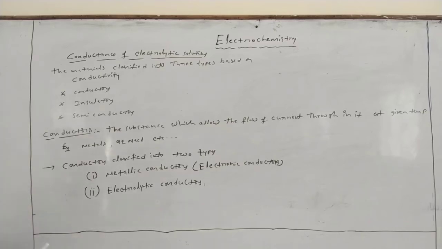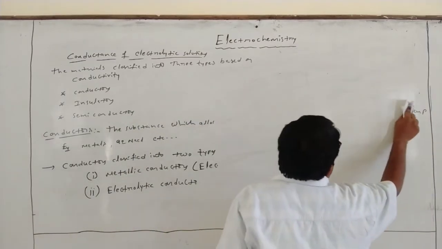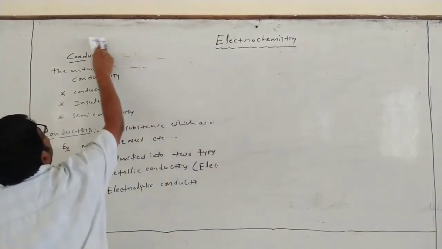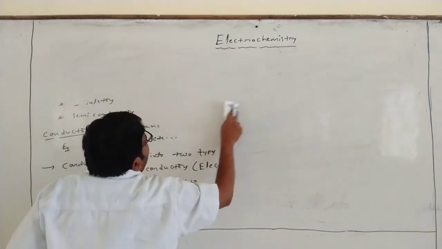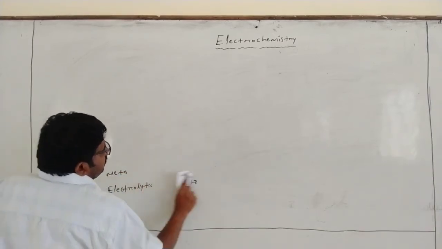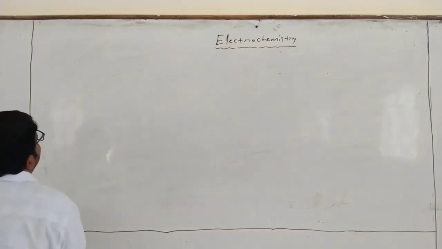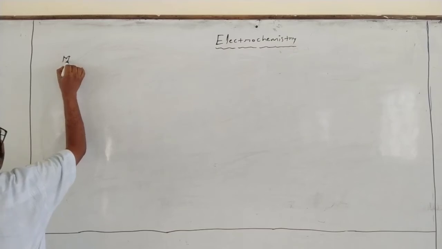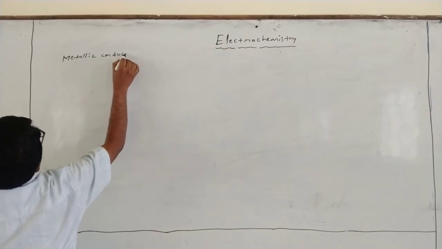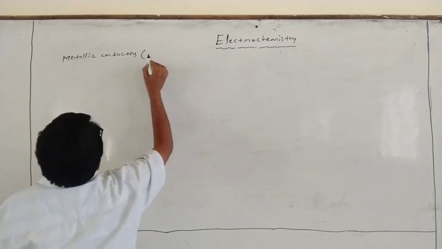Metallic conductors means the metals which allow the flow of current. The flow of current in metals is due to movement of electrons, not ions. Metallic conductors are also called electronic conductors.